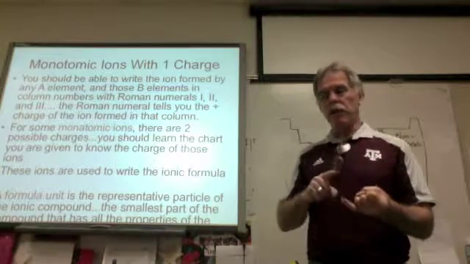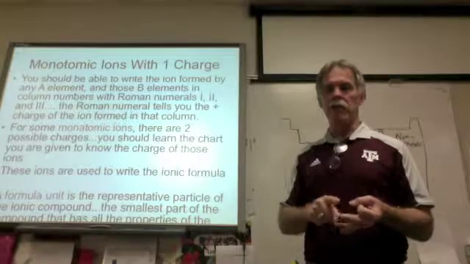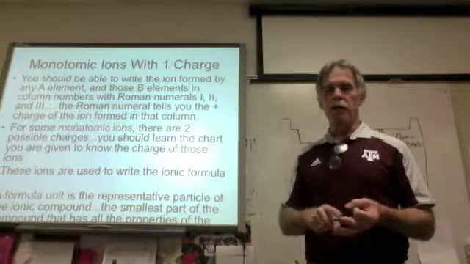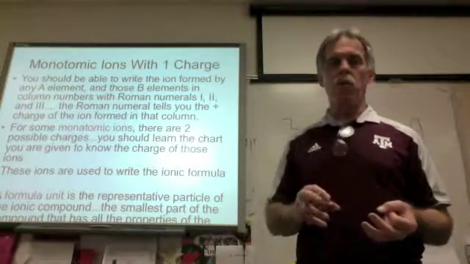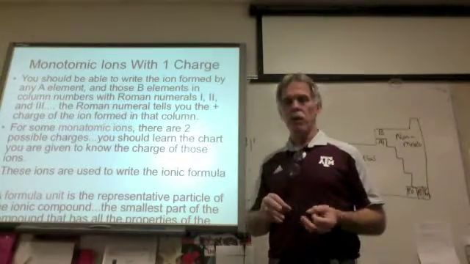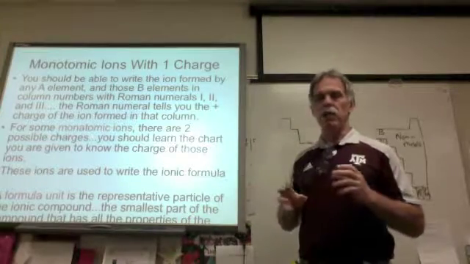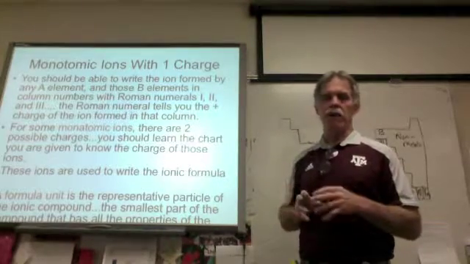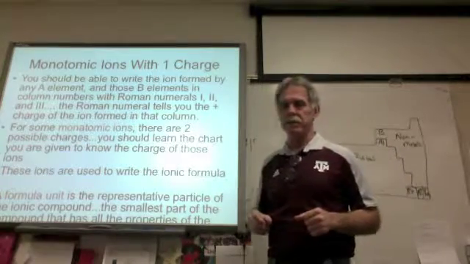First of all, any Roman numeral 1, 2, or 3, whether it be 1A, 2A, 3A, or 1B, 2B, 3B, those are almost always going to be that Roman numeral positive because those are metals, and metals, with very, very few exceptions, are always positive. For you, they'll always be positive.